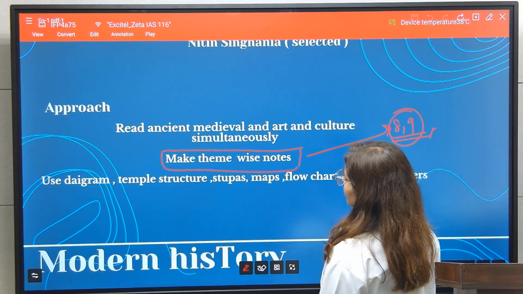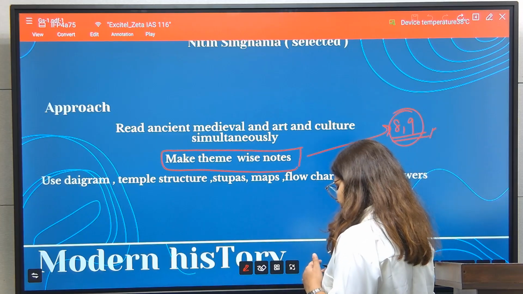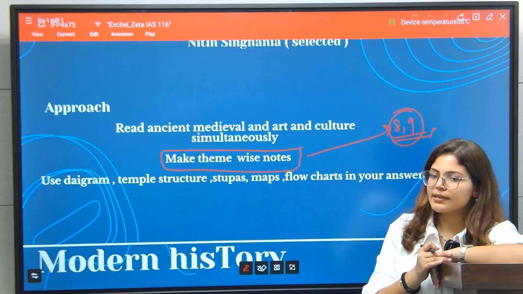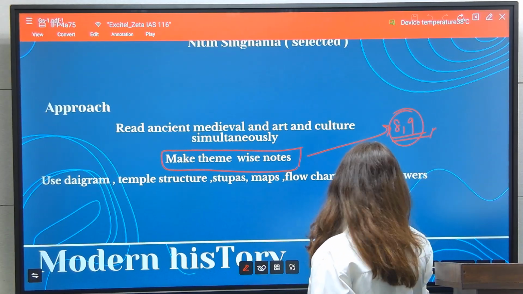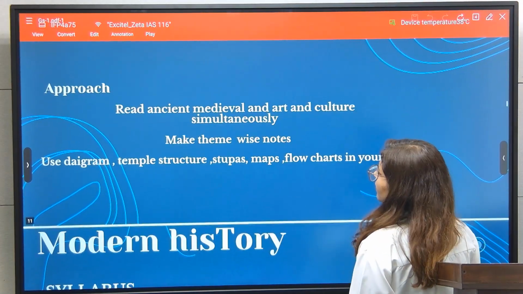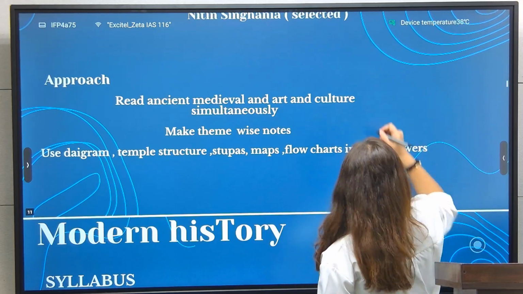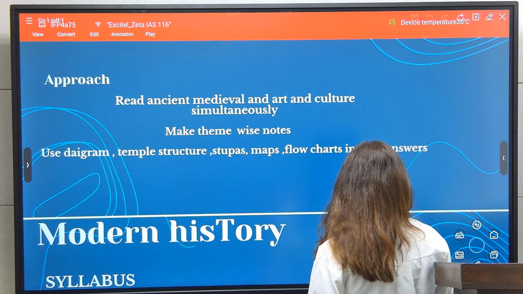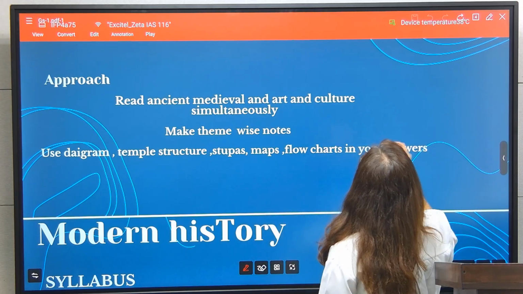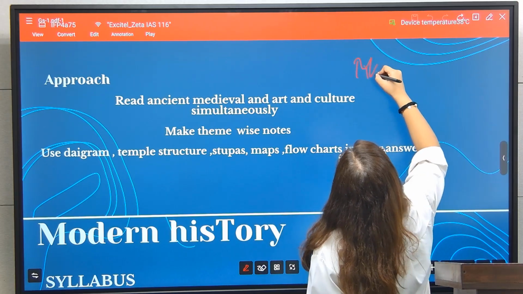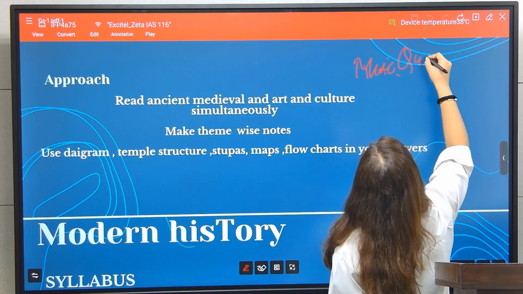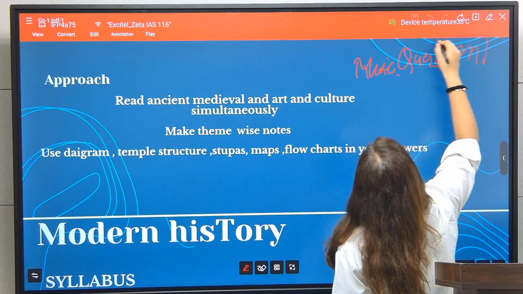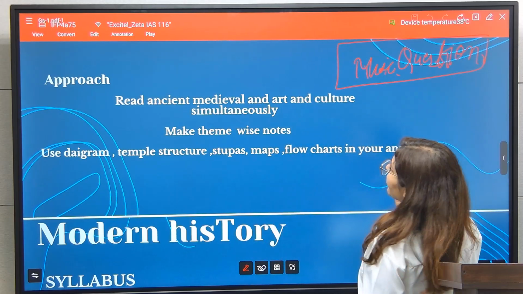Miscellaneous questions are also asked by UPSC, so how to handle that question? These questions are difficult for everyone.